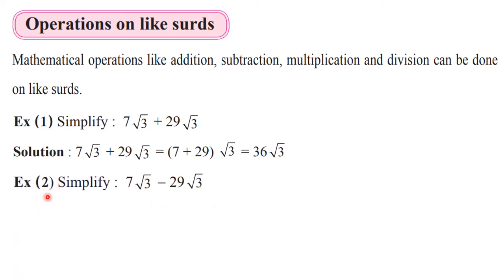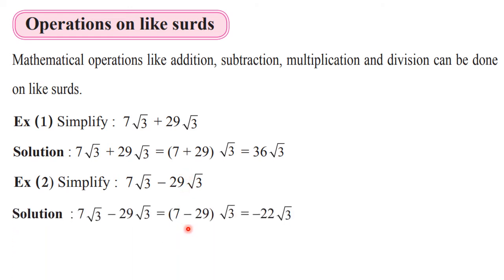Second one, simplify. 7 root 3 minus 29 root 3. See, the same pair is taken. Again here you can see that the irrational part is exactly similar. So we can say that these two are like surds. So the steps will be similar. Only in place of plus sign we will be having minus sign. So 7 minus 29, and outside the bracket we have root 3.